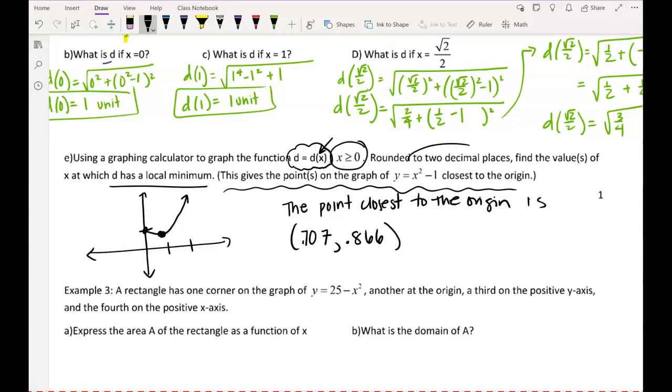Okay, but it says rounded to 2 decimal places, so let's cross that out and write 0.71, comma, 0.87, and box that up.